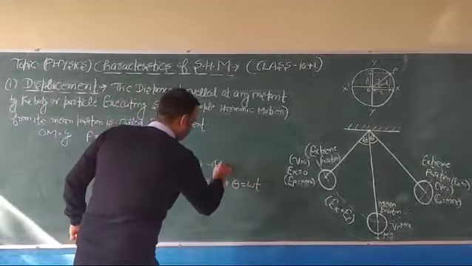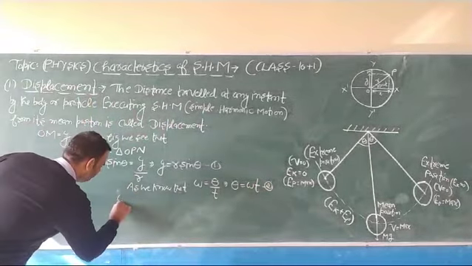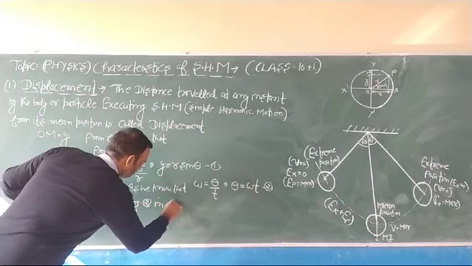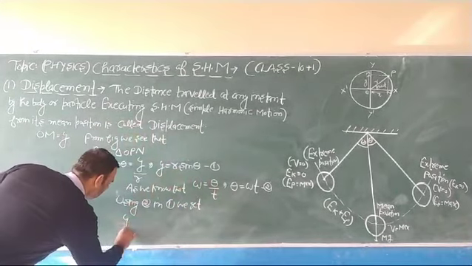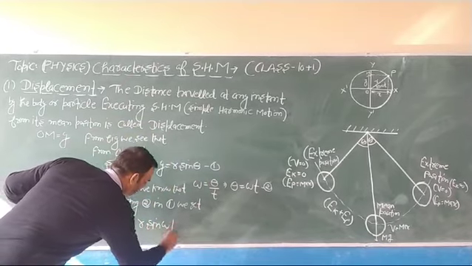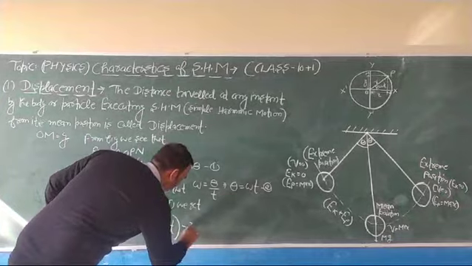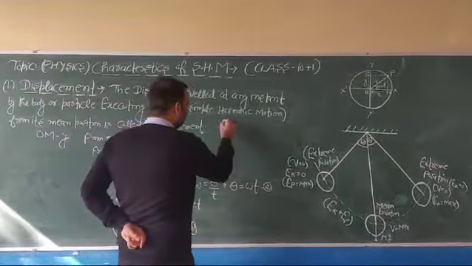This is equation 1, this is 2. Using 2 in 1, we get y is equal to r sin omega t. So this is equation 3.